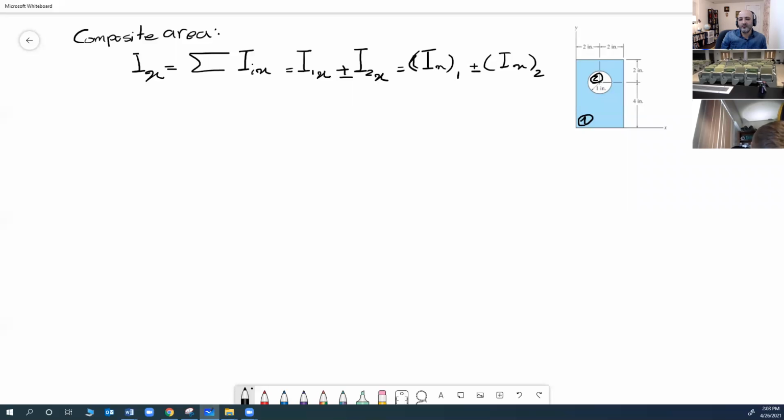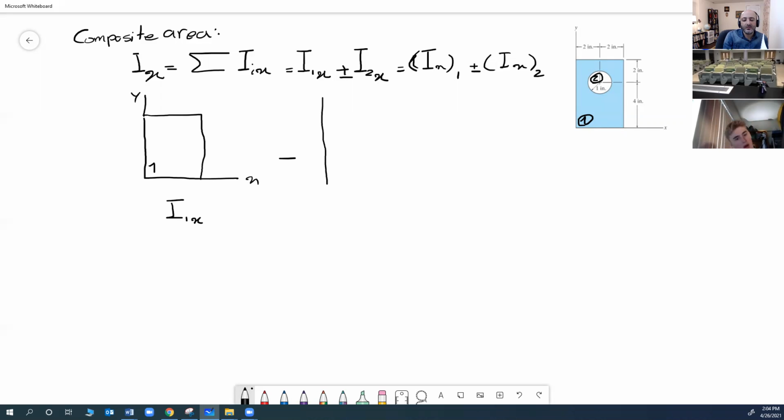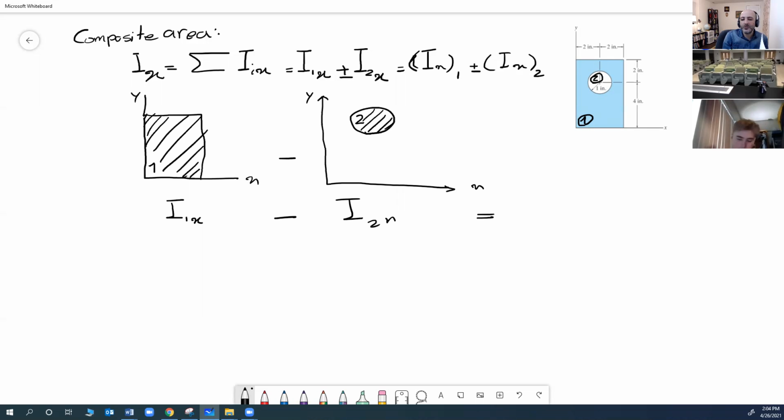Okay. What it means is Ix for area 1 minus Ix for area 2 will result in what I'm after.